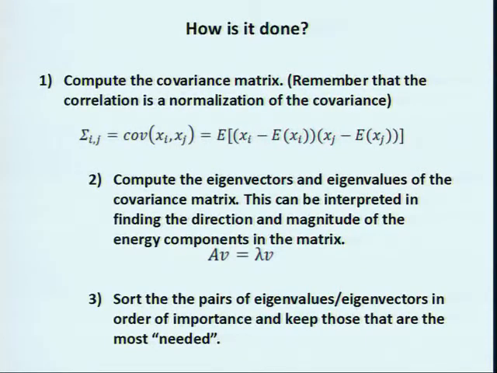Then, once you have this covariance matrix, you compute the eigenvectors and eigenvalues of the covariance matrix. Now, I'm sure I lost a lot of people using these eigenwords. I started to understand what eigenvectors and eigenvalues were by studying PCA. A valid interpretation is that the eigenvectors and the eigenvalues describe the direction in which the energy of the covariance matrix is directed.